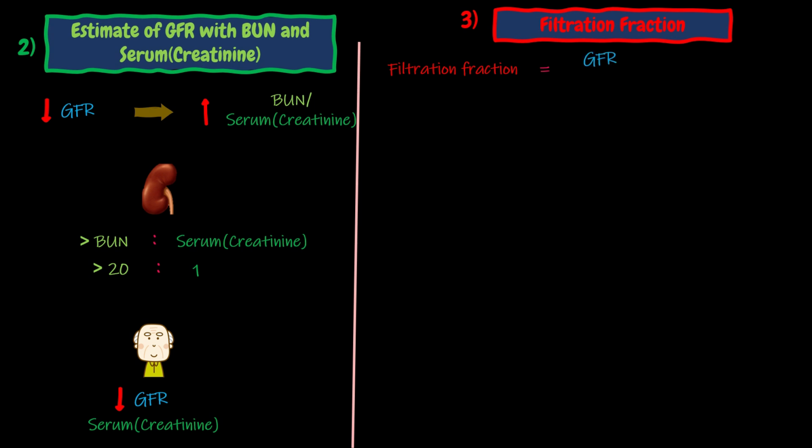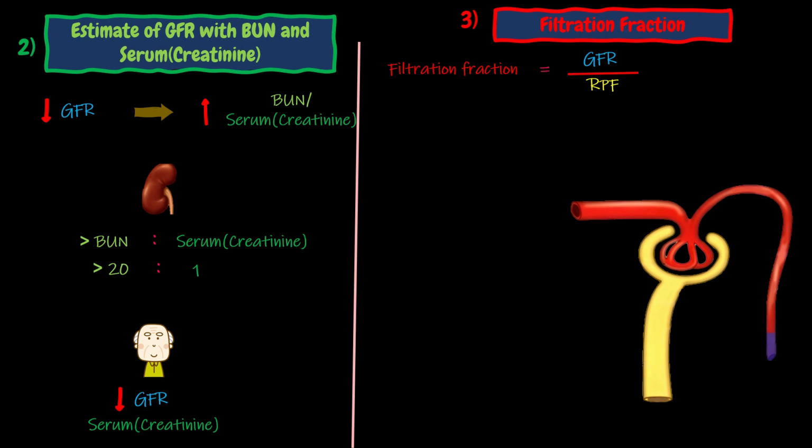Filtration fraction equals glomerular filtration rate divided by renal plasma flow. Filtration fraction is normally about 0.20. Thus, 20% of the renal plasma flow is filtered. The remaining 80% leaves the glomerular capillaries by the efferent arterioles and becomes the peritubular capillary circulation.